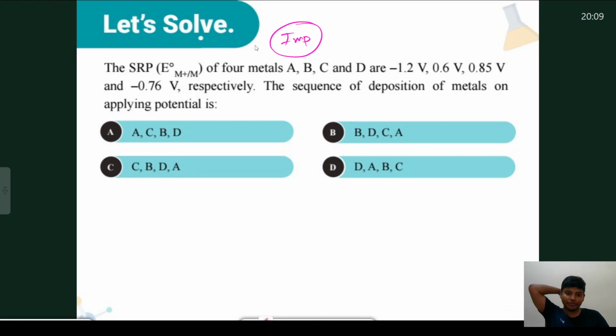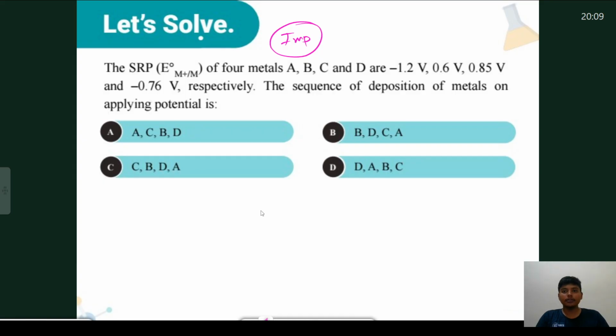Tell me, who will deposit first? Four metals are given.